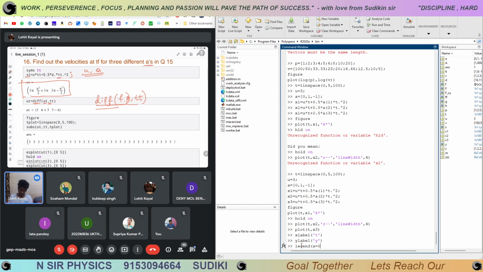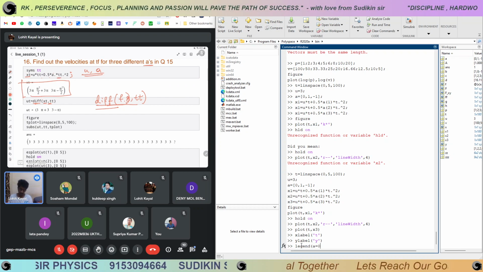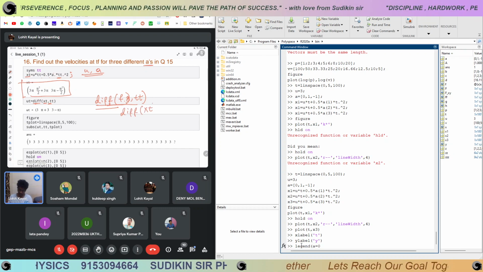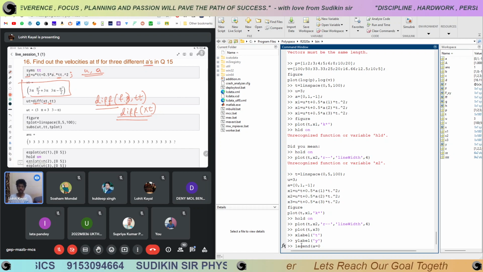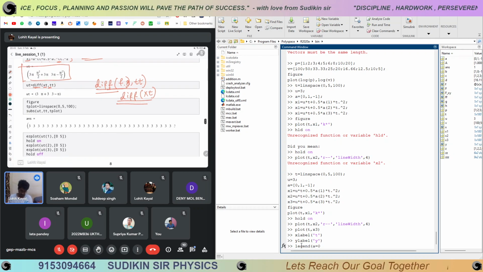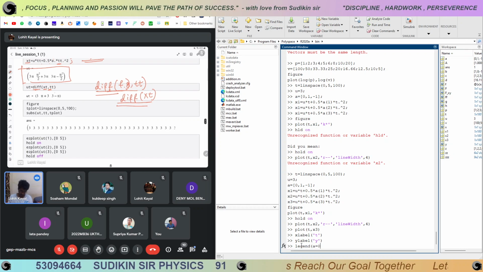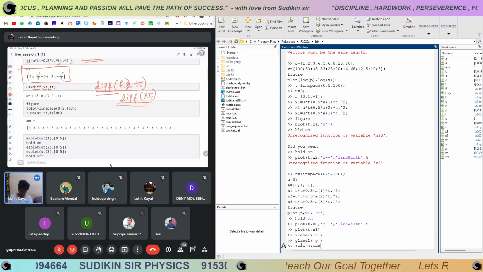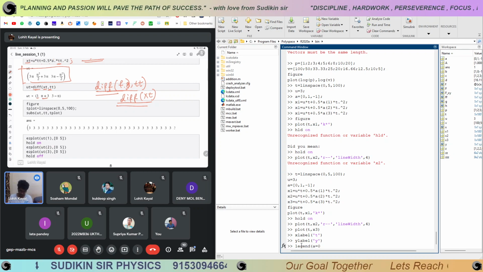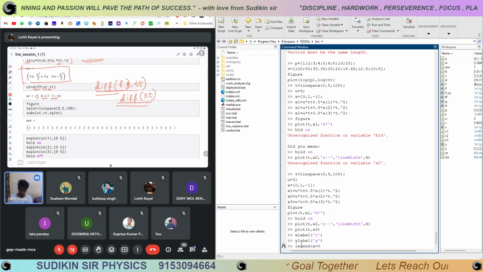Here I have mentioned diff xt comma tt, but you can always write it like diff of xt. MATLAB will automatically assume tt as the independent variable and work well. So you will see the three different velocities. One is 3 constant, another is tt plus 3, another is 3 minus tt.